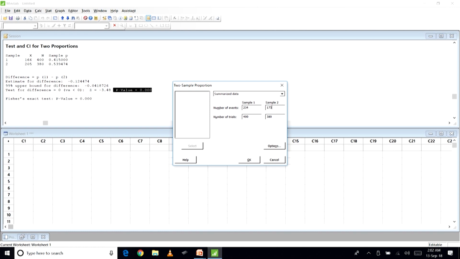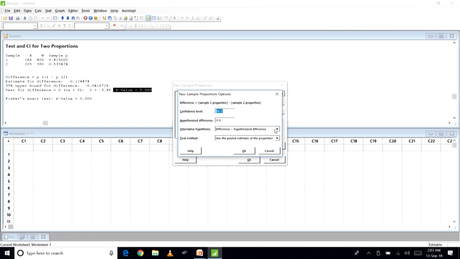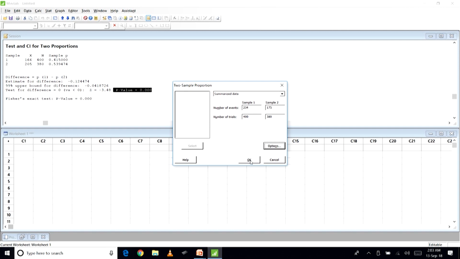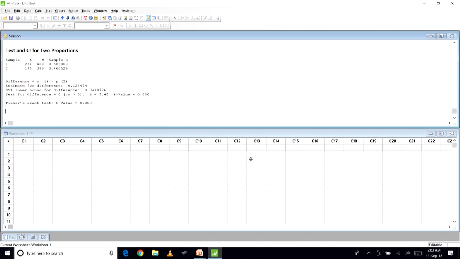We will say the proportion of smokers last year and the proportion of smokers this year. Go to Options and this is a greater than type. Again the p value is 0.